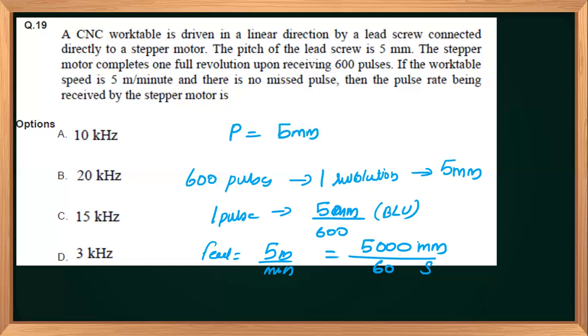I want to generate this speed, and with one pulse I can move this much. So I have to send a rate of pulses, how many I can send in 1 second. That's actually what is being asked. How much will it be? It is nothing but your feed divided by your BLU. So what will be your pulse feed rate?